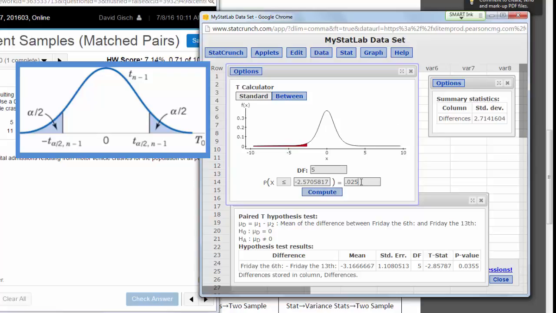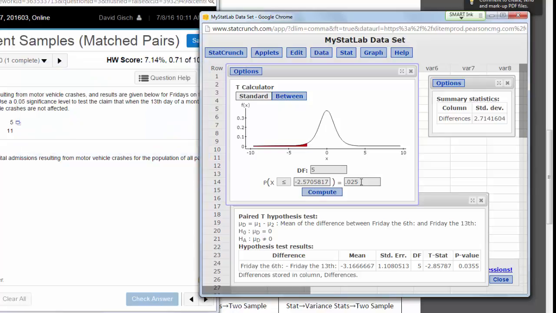And there we go. Those are my critical values, and it's symmetric. So if it's minus 2.57, the t-distribution is symmetric, then it'd be a plus 2.57 for the right-hand side. So I don't need to look up both. I can just get one, and through symmetry, I know the other.